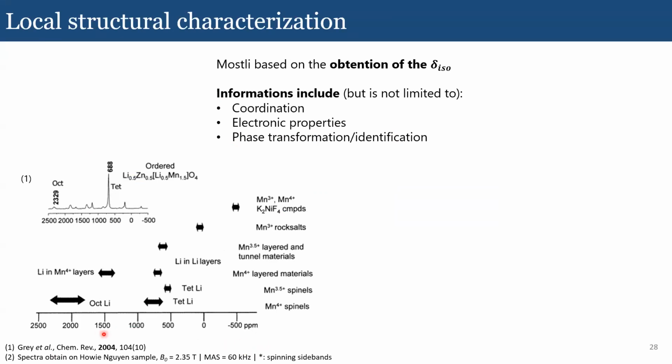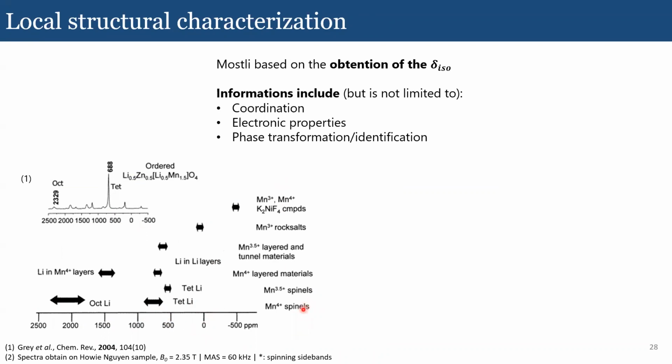Here I'm putting an example from the literature where you have different manganese-based compounds, and if you're doing lithium NMR on, for example, manganese spinel, you're going to have different values that have been reported for the lithium. One thing to keep in mind is that when you have a diamagnetic system and you have lithium in it, the chemical shift of lithium is going to be around 0 ppm. But from these reported values, you can figure out that you are not in a diamagnetic system.